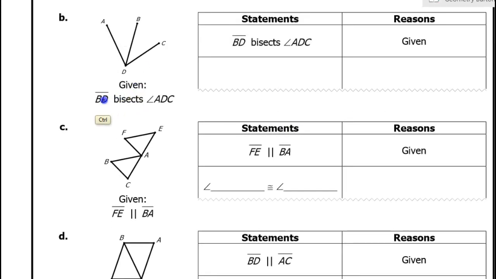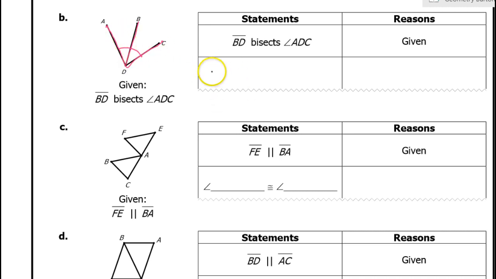Okay, BD bisects angle ADC. So here we have angle ADC, and BD is a bisector, which splits this into two congruent parts.